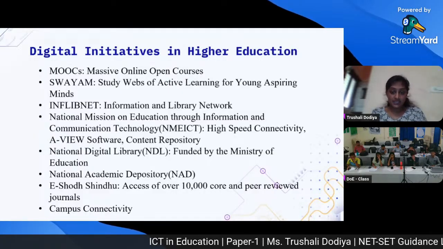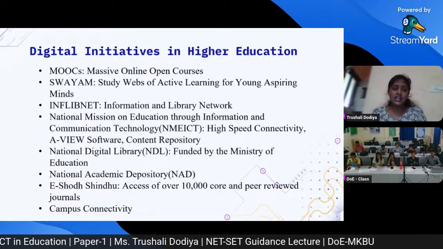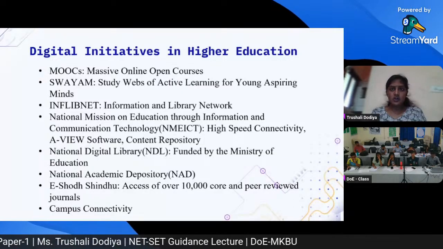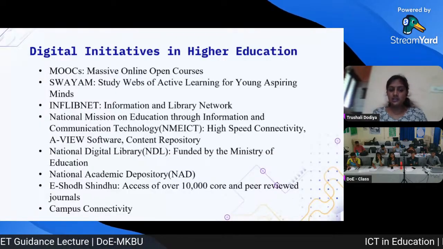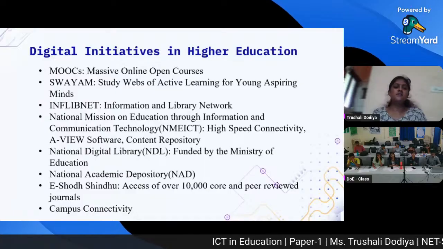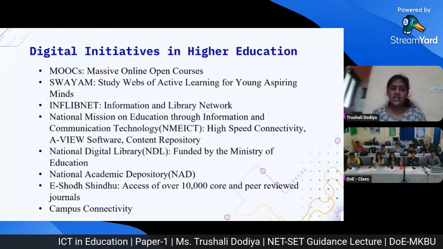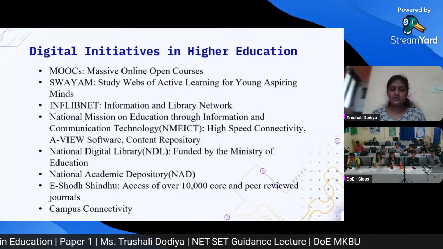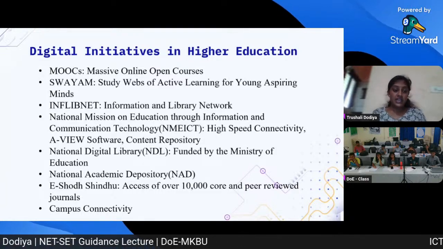The National Digital Library, NDL, is funded by the Ministry of Education of India, and you might be using it in your day-to-day learning and research. It provides different sorts of materials, journals, videos, and lectures, which we can access through the National Digital Library of India.